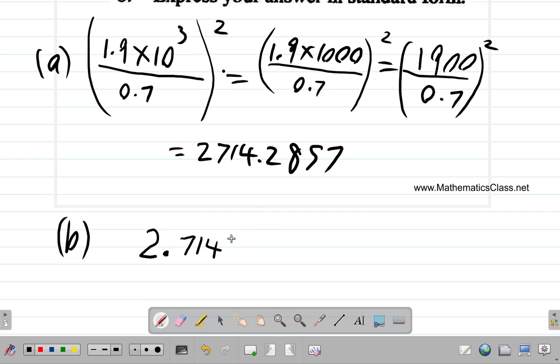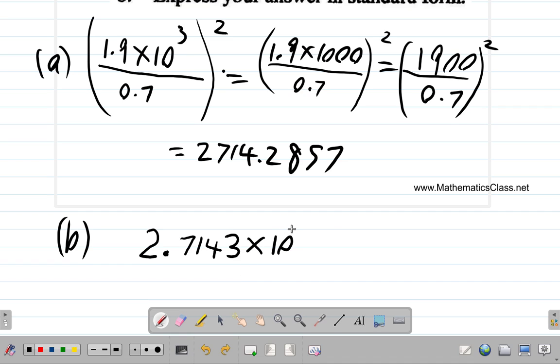So we add 1 to 2 and you get 3, and then this multiplied by 10 to a power, 10 to the what power? We would have to multiply 2.7143 by 1,000 to make it 2,714 point something.